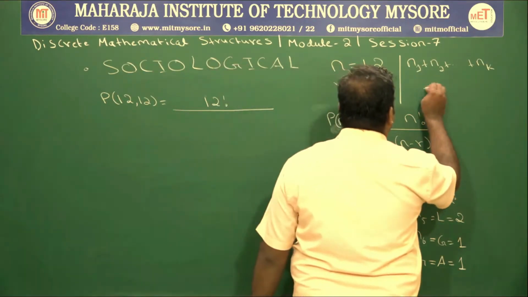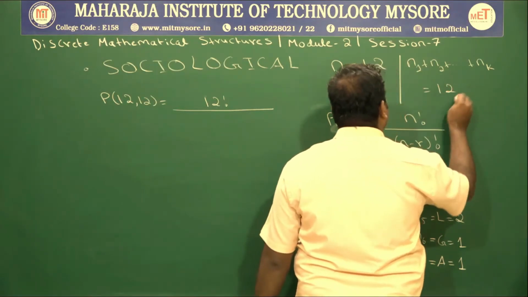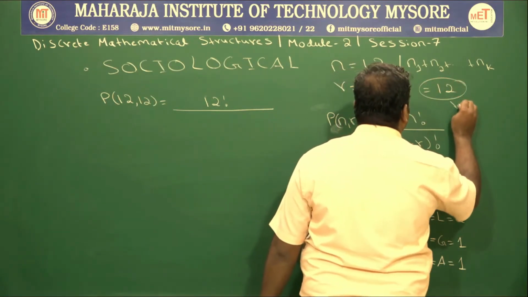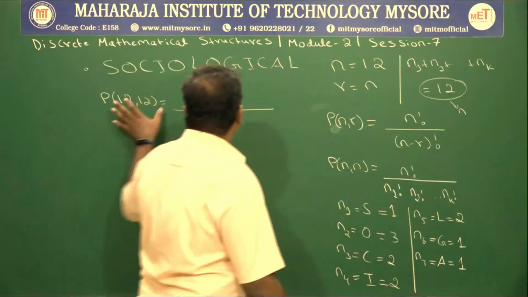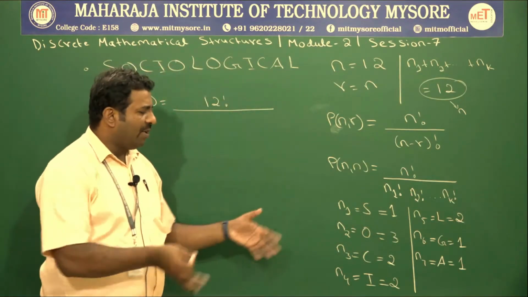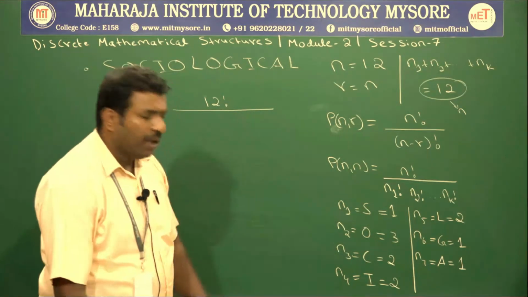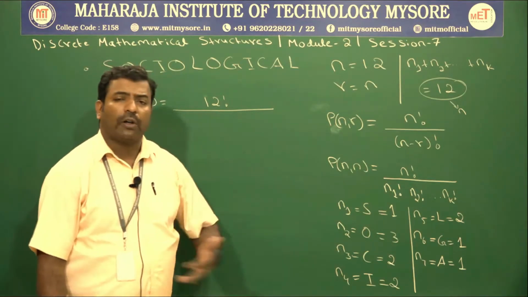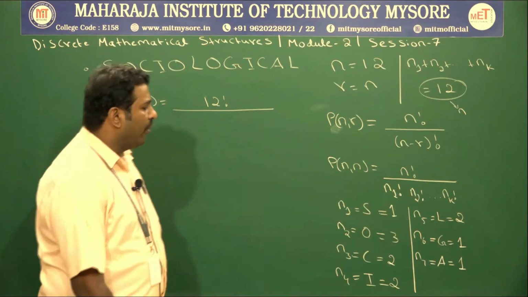So that means I end up with 12, which is again the same as N. That is what we say. There are 12 objects, but I have just put them into groups. So this is how I need to think about frequency whenever I use this.